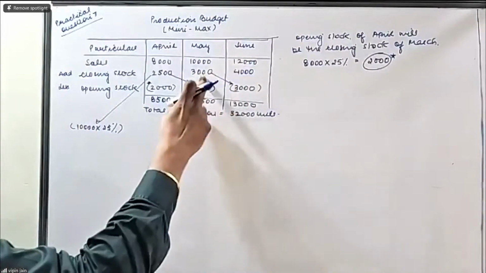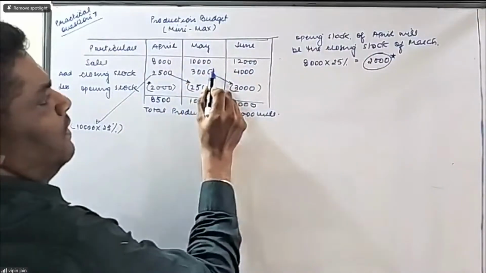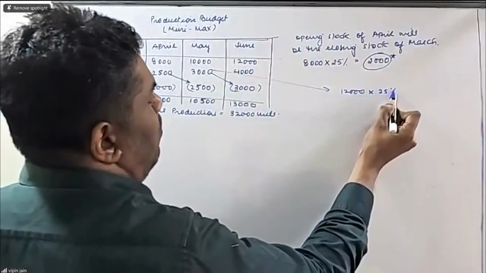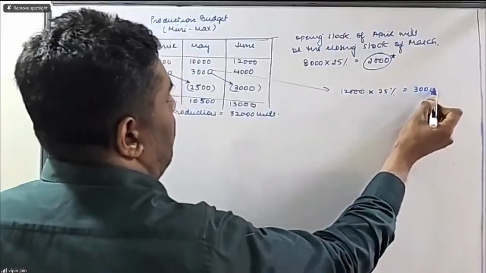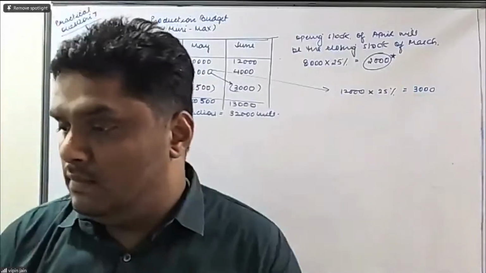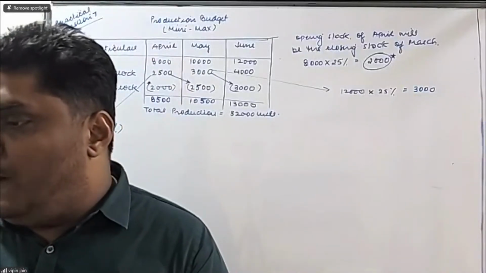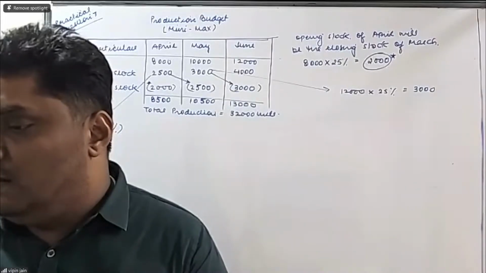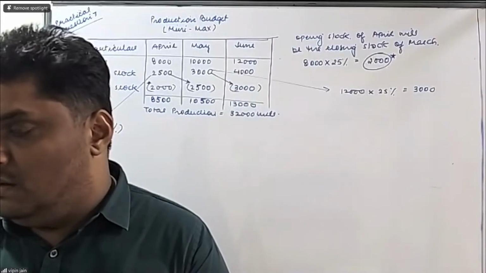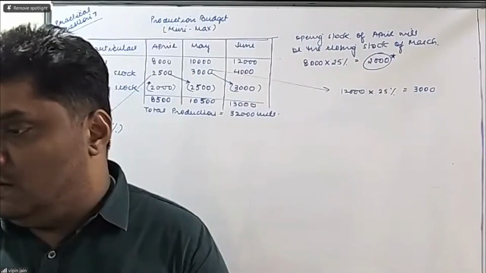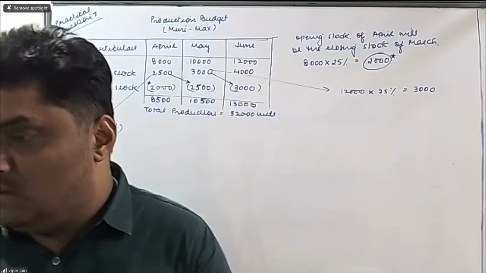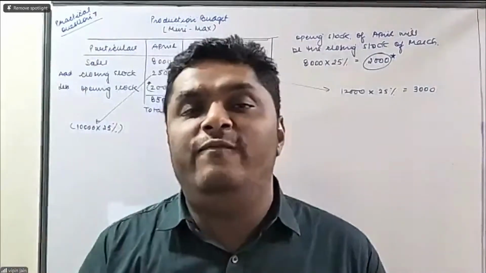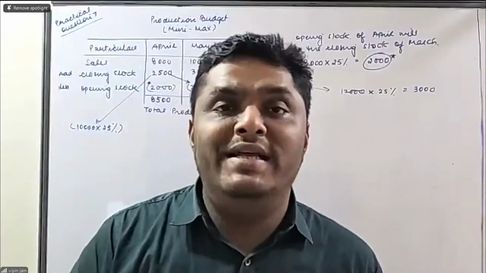So 12,000 into 25%. I hope Apurva and Ritika, your query is resolved. Whatever the subsequent month's sales will be, we maintain 25% of it as the closing stock.